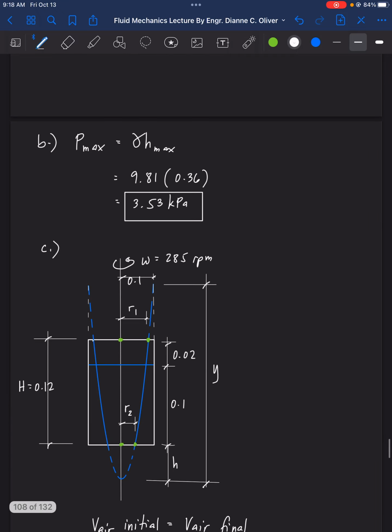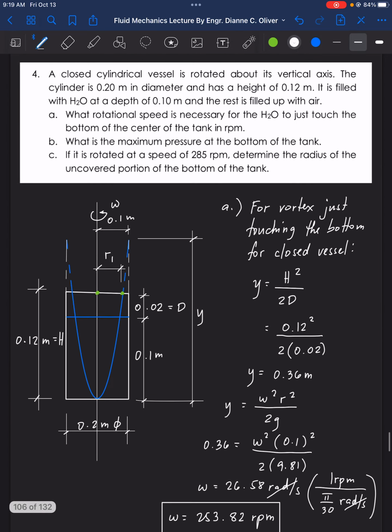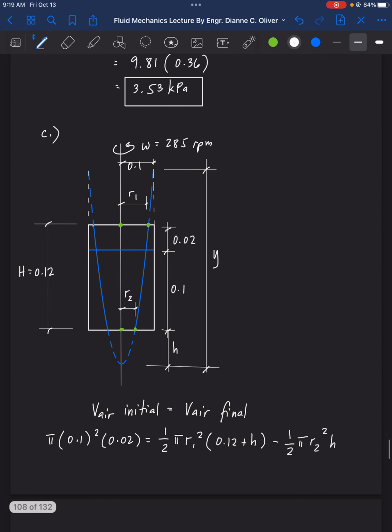What are we looking for in letter C? If it is rotated at a speed of 285 RPM, determine the radius of the uncovered portion of the tank. So remember that we're looking for R2, radius 2.